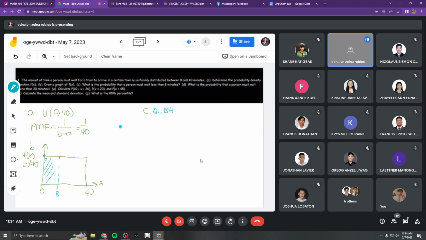Our base is from 0 to 8, so 8 minus 0 is 8, times the height, which is our f of x. And our height is constant all throughout the range. So 8 times 1/40, and we arrive at the answer 8/40 or 1/5. So this is the probability that the person must wait less than 8 minutes. It is 1/5 or 20%.